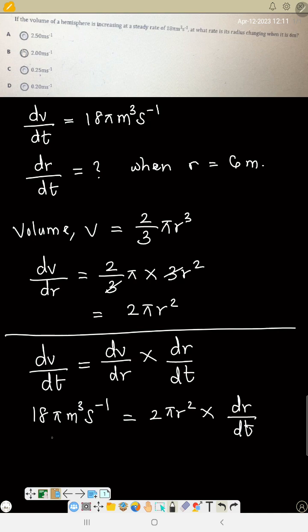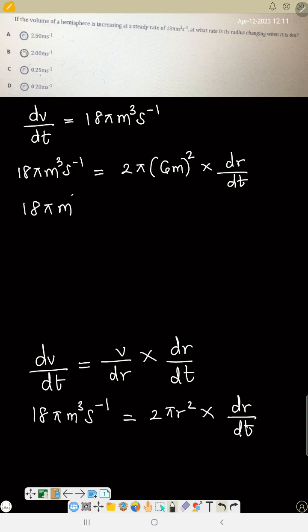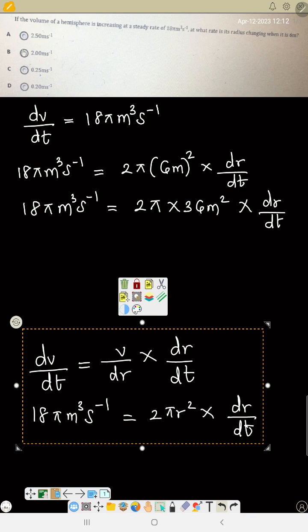So this becomes 18π m³ per second equals 2π, r is 6 meters as given, squared, times dr/dt. So 18π m³ per second equals 2π times 36 m², because 6 squared is 36, times dr/dt.